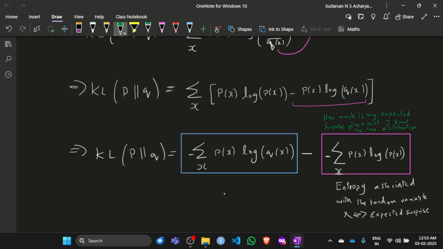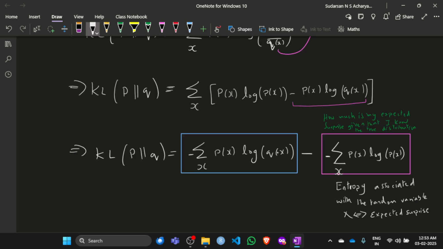What about this quantity here, right? Now this quantity is kind of interesting. This is simply the entropy associated with someone who thinks that the distribution is Q, right? You see, if they knew the original distribution, then this is the entropy.